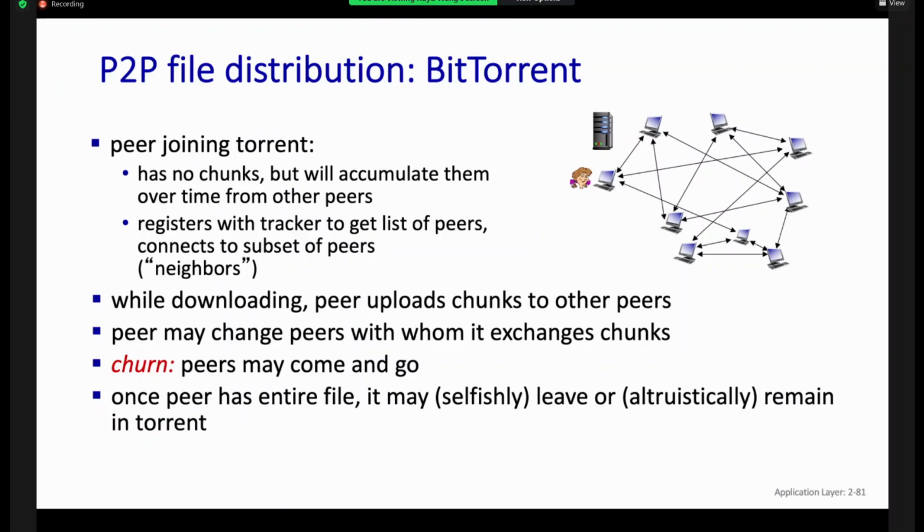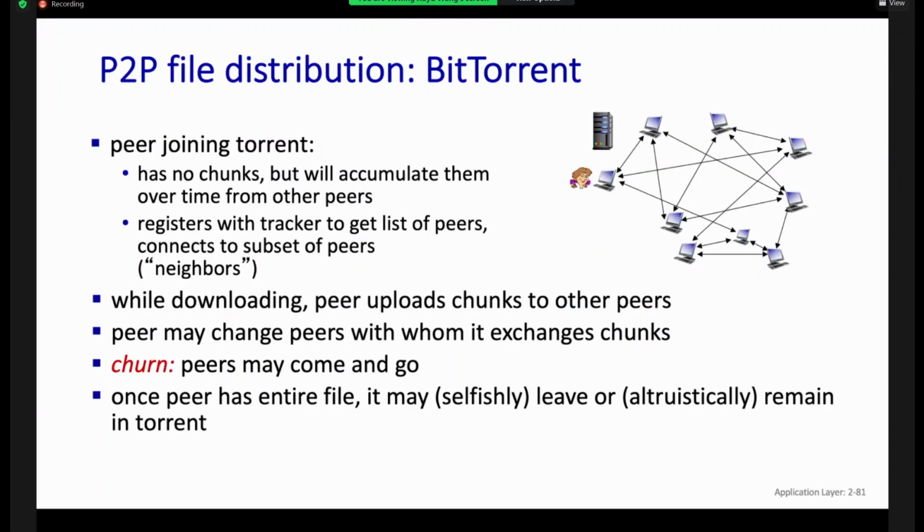So in the peer-to-peer architecture, we can send data and also receive data. In this time period, Alice connects to these 3 devices; in another time period, she can connect to other peers to exchange chunks. Another feature is that once Alice has received the whole file, she may leave or remain in this torrent to contribute to file sharing.